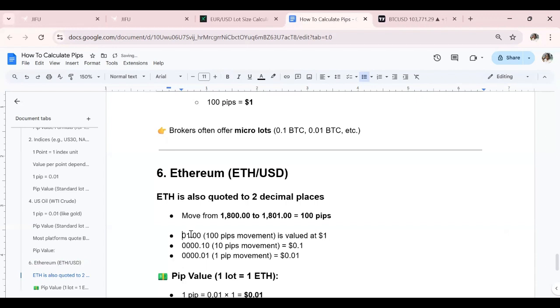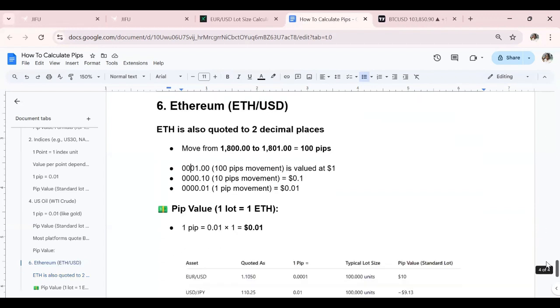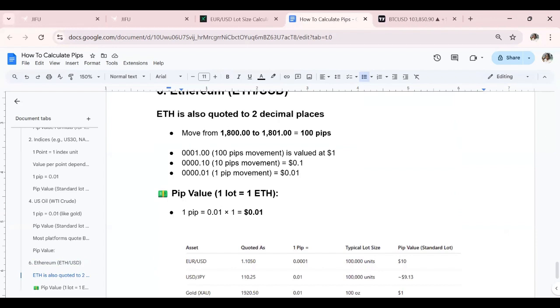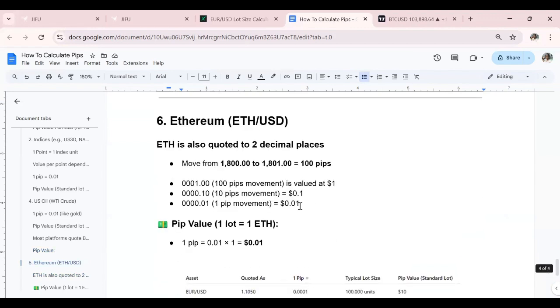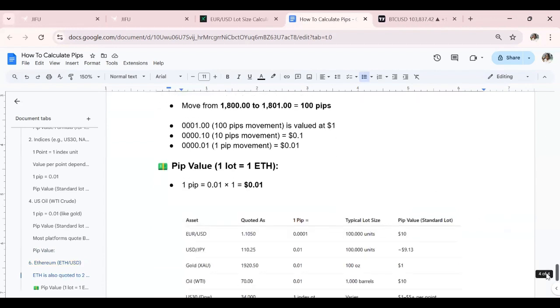So we'll just see the 1 pip movement, 10 pips movement, 100 pips movement, as straightforward as that. And then the pip value, of course, is the same thing like what we've calculated for BTC. In fact, we've already even done this calculation here already.